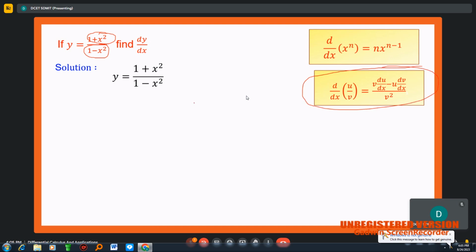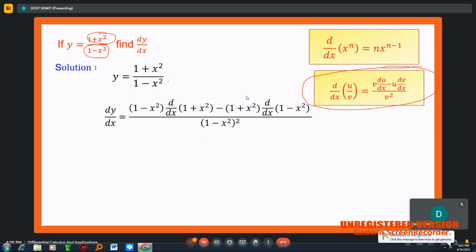Now the quotient rule: dy by dx is equal to the denominator term kept constant, that is 1 minus x square, times the differentiation of the numerator term, d by dx of 1 plus x square, minus the numerator term 1 plus x square kept constant times the differentiation of the denominator 1 minus x square, divided by the denominator whole square.